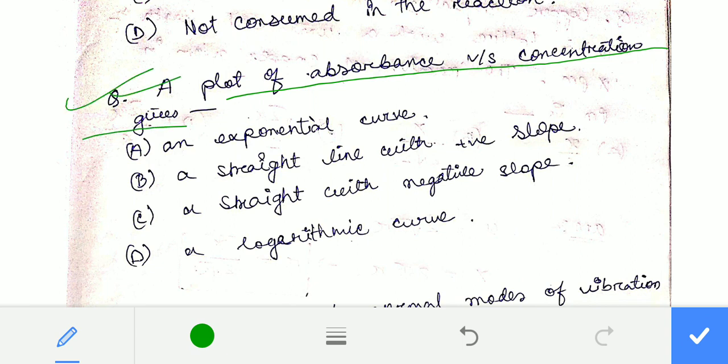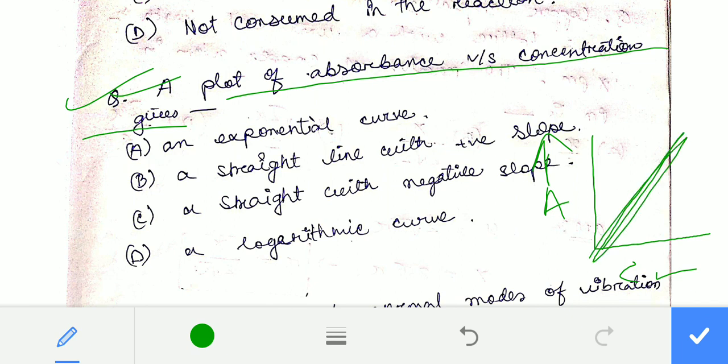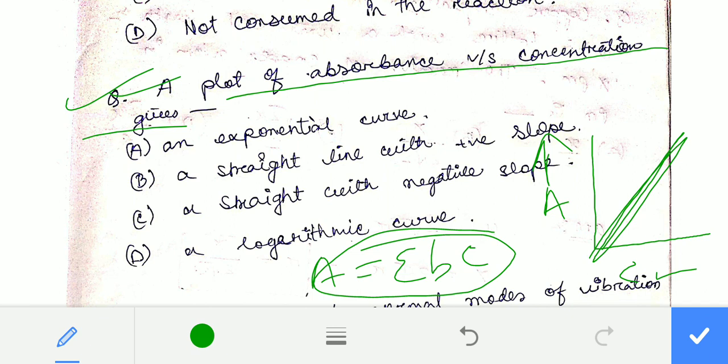This is a question from Beer-Lambert law, and we know that according to Beer-Lambert law, the curve of absorbance and concentration always gives a straight line, because A is equal to epsilon b c, where epsilon is the extinction coefficient, b is the path length of the cell in which the experiment is done, and c is the concentration.